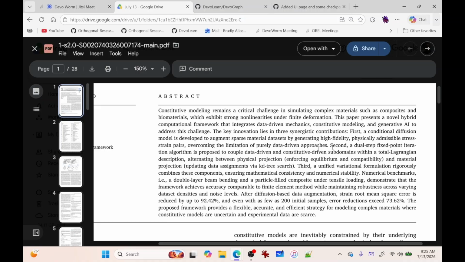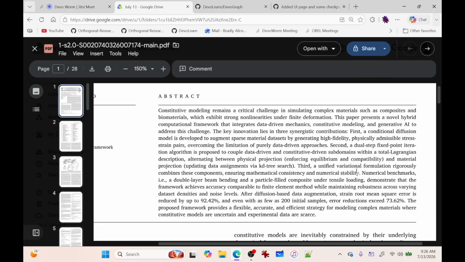Second, a dual step fixed point iteration algorithm is proposed to couple data driven and constitutive driven subdomains within a total Lagrangian description, alternating between physical projection, like enforcing equilibrium compatibility, and material projection, which is updating data assignments via a KD search tree.